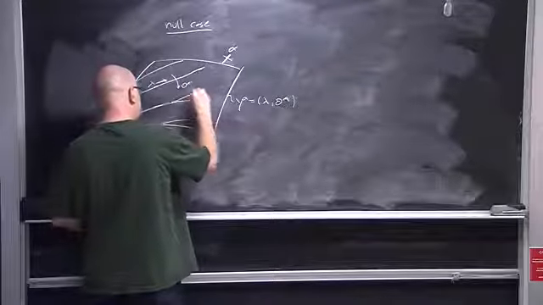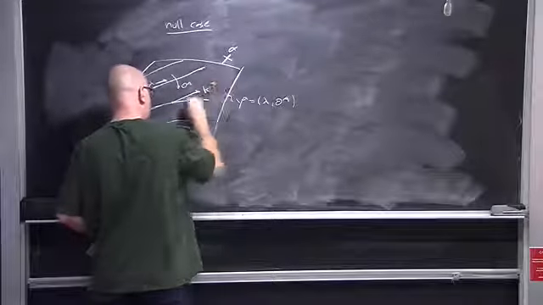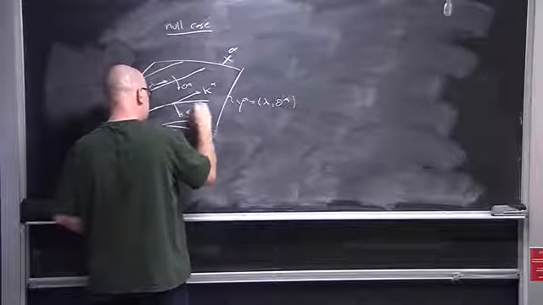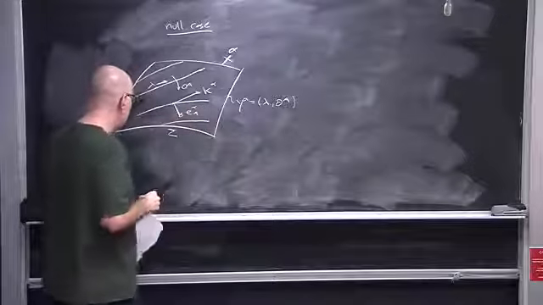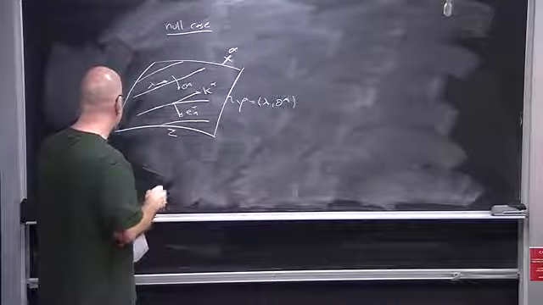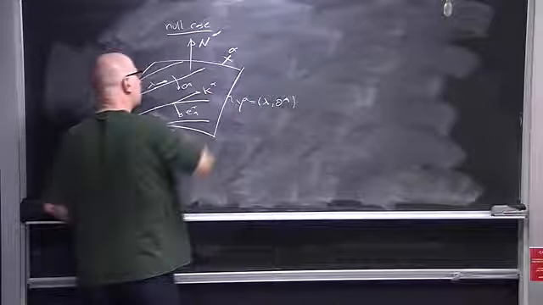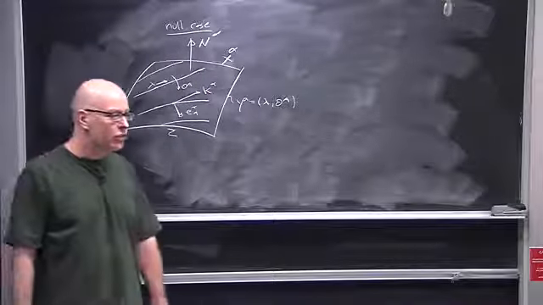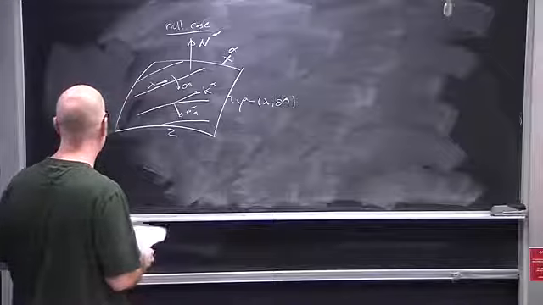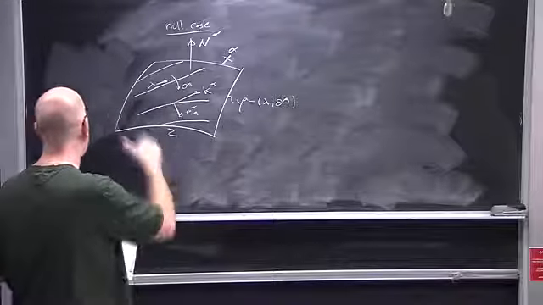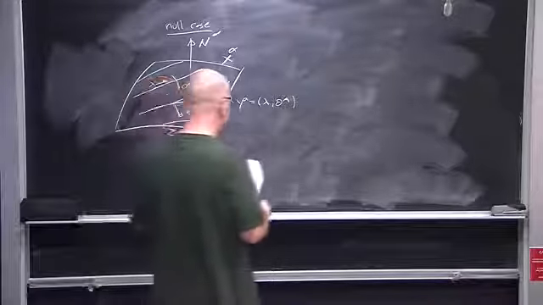So k is running in that direction. We have the other two basis vectors that are running across the geodesics. And then on top of that, we had to complete the basis by introducing this additional null vector, n alpha, that points really across the hypersurface.